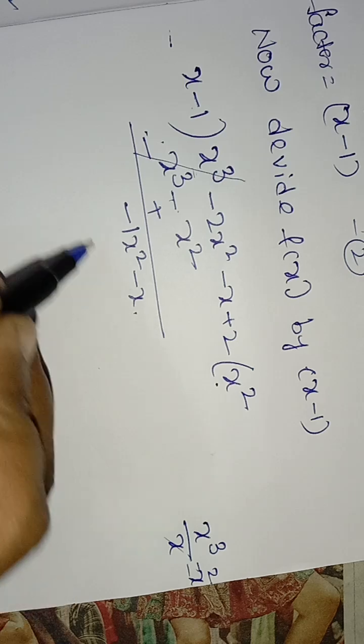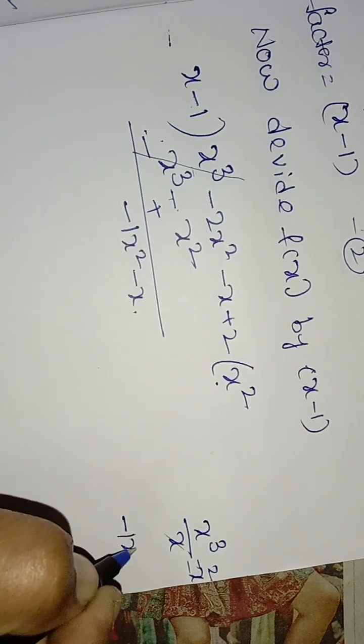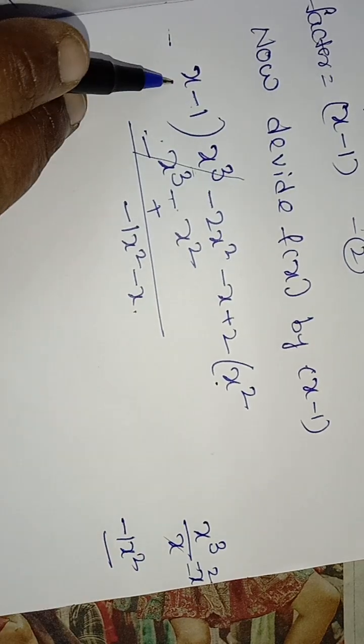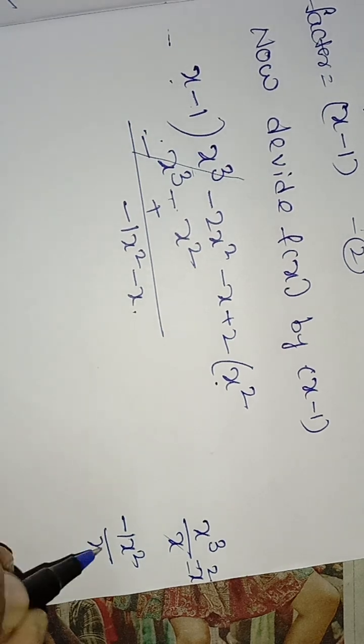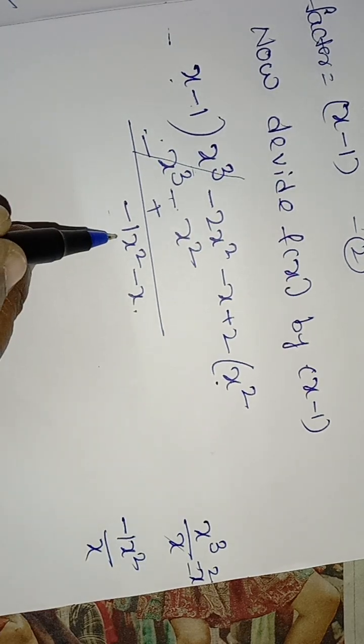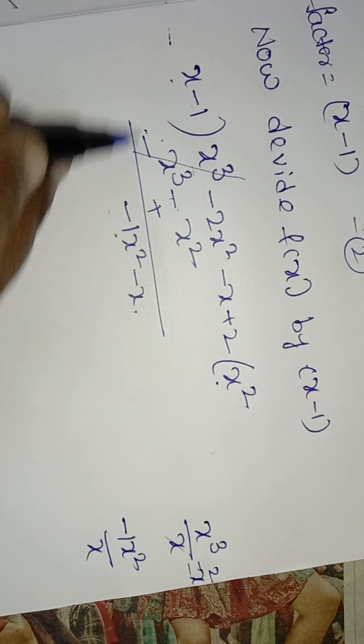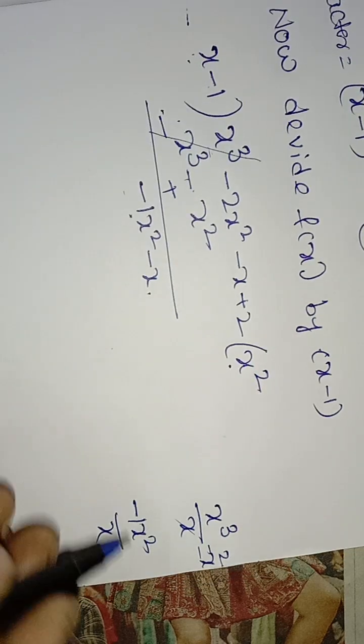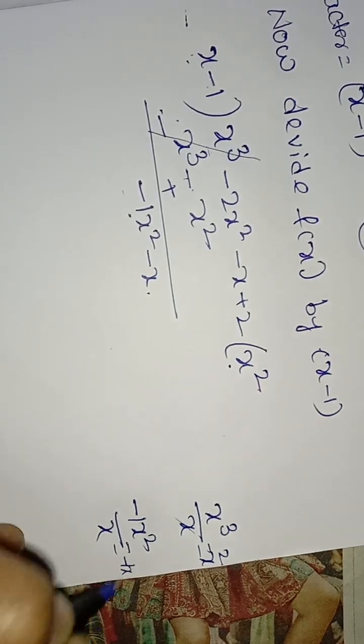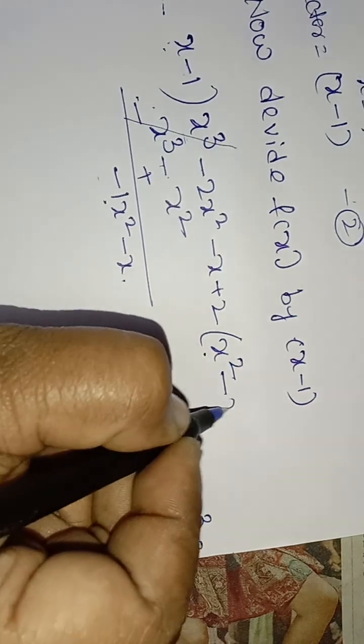Now which number do we have to take here? Minus 1x square divided by your divisor x gives minus x.